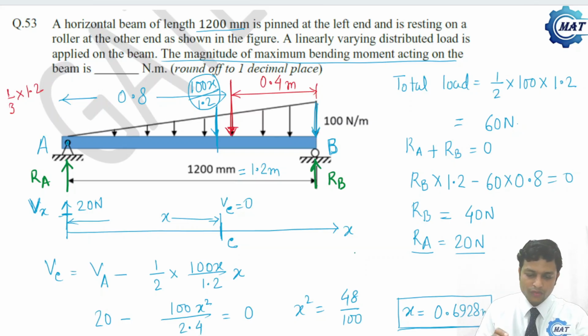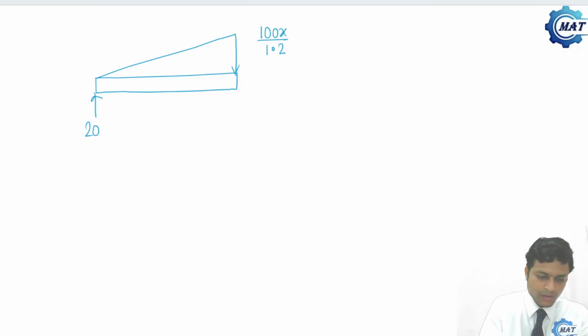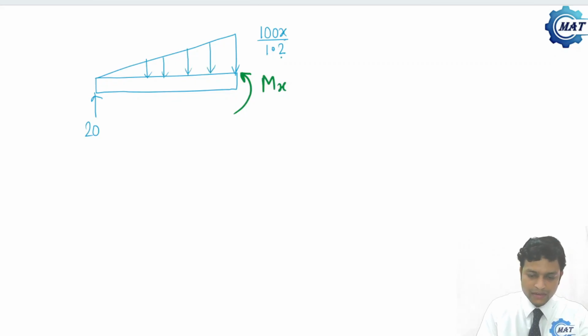Now let us find the value of bending moment at any section x, because this loading is continuous. So take any section. This is Ra, which is 20. The intensity becomes 100x by 1.2. The bending moment is to be determined, that is Mx. Now what is the resultant load?